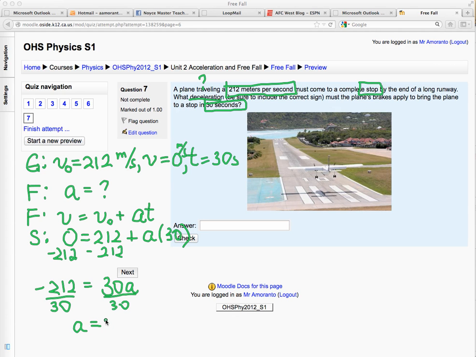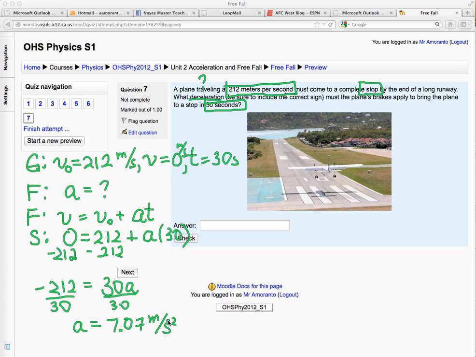7.06 or 7.07. You can check it on the calculator. I'm pretty sure that's pretty close. Meters per second squared.